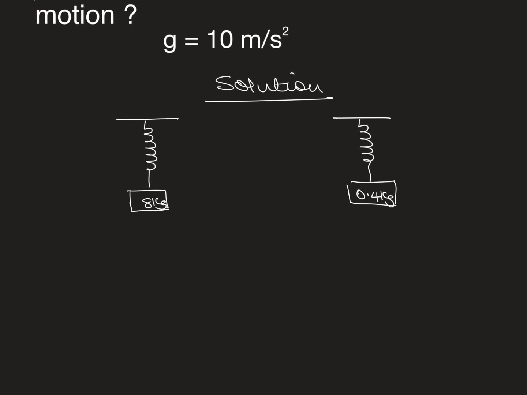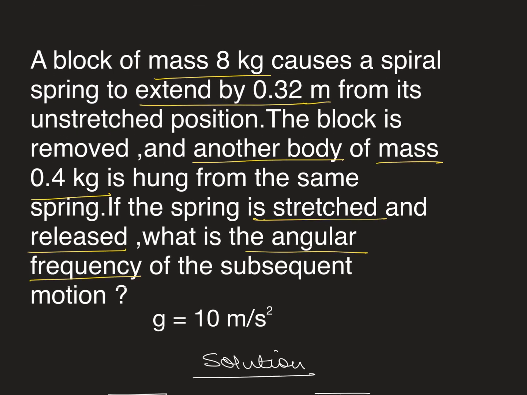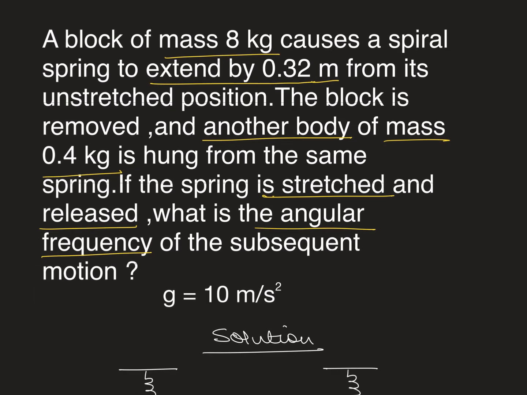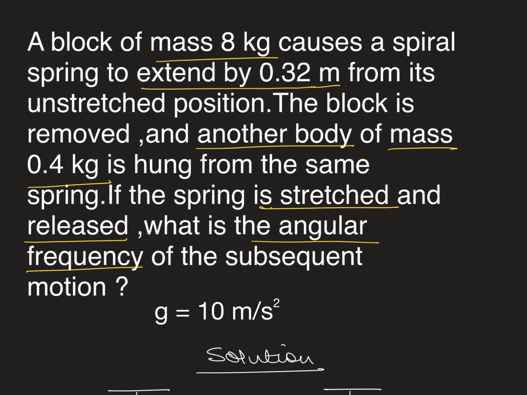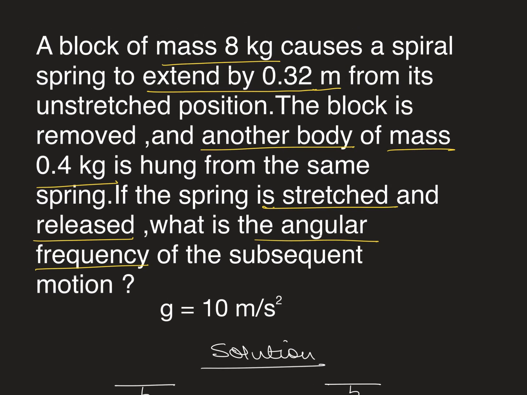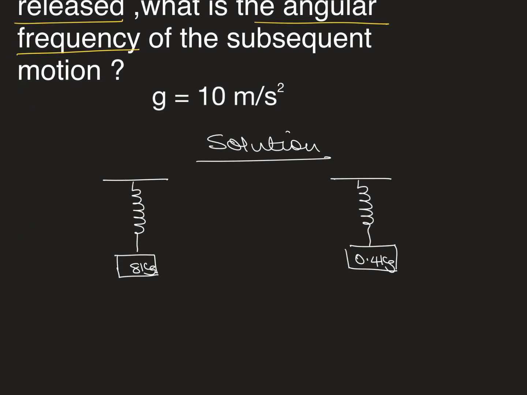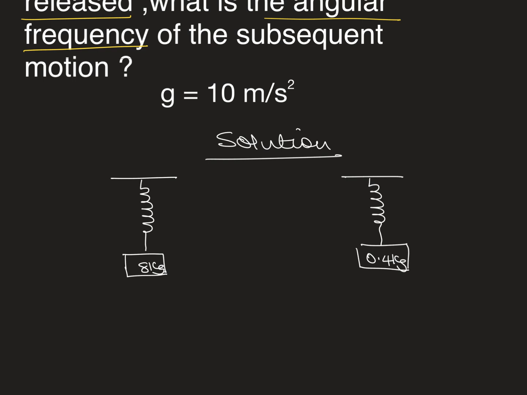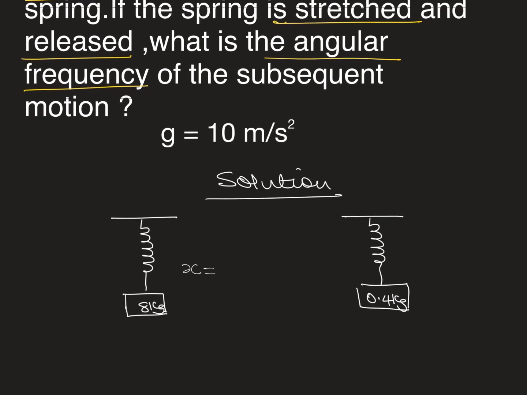So moving on, in the first case, an 8 kilogram mass causes the spring to extend by 0.32 meters. So the extension, we can call that e or x if we want, especially if we are dealing with simple harmonic motion.